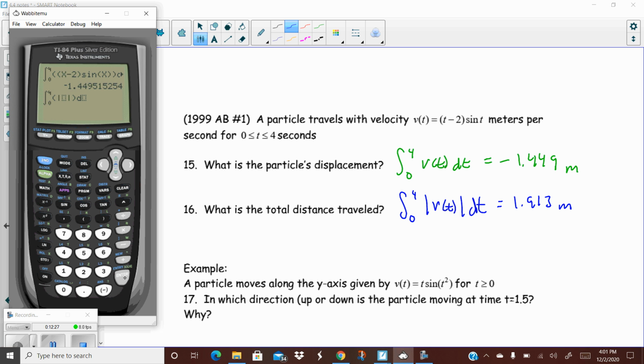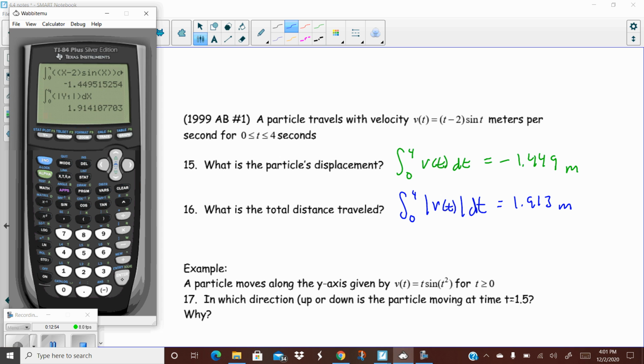It'll insert the absolute value, and then I can do alpha f4 and select y1. That was the original x minus 2 sine of x dx. I got to actually hit enter. Boom, there it is.